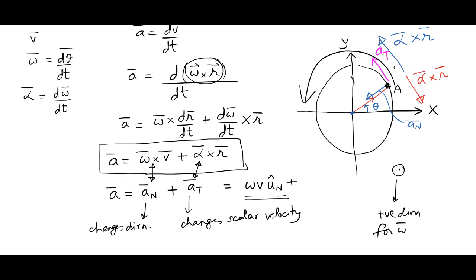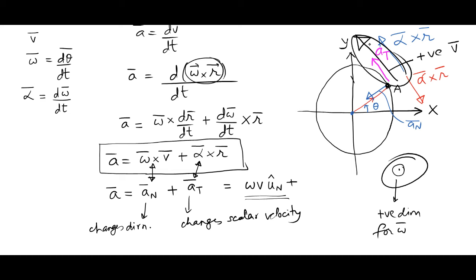And if the particle is indeed moving in the anticlockwise direction, then obviously the direction of velocity must be like that, according to the arrow which I just drew in position A. So the black arrow, this one which I drew, is the positive direction for V bar. So it's important that this arrow and this arrow, their directions are consistent with each other.